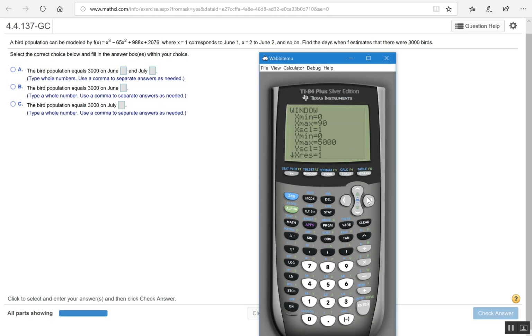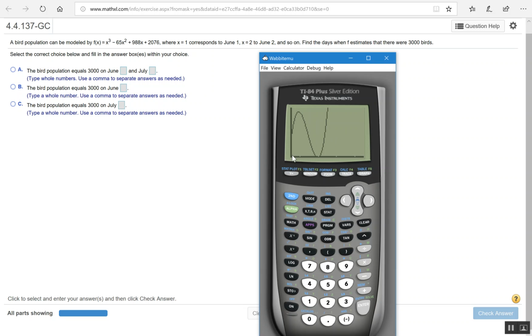You put in this window and hit graph, and you can kind of see the function. I don't see this bump, so I can say y can go to 7,000. I want to see the entire function. Then you hit graph, and now I can see the function.